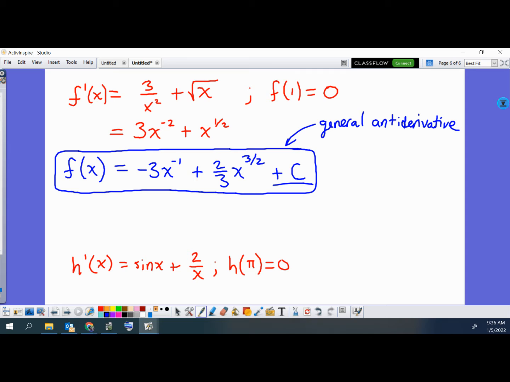If you think of this f of x, plus c lets you shift that function up and down vertically as far as you want, right? Would that change its derivative if you shift a function vertically? Does that change the slopes of the tangent lines? No. So that's why that works. This is called the general antiderivative, and it has the constant of integration in it, right?